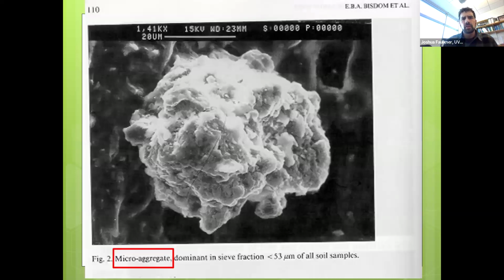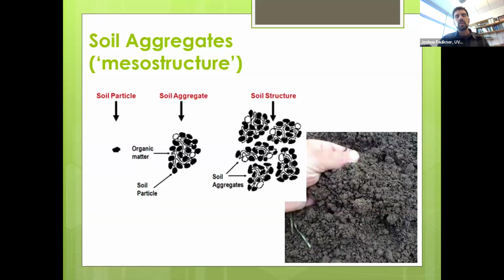And then here's an image of a micro aggregate, and so these are those sand, silt, clay particles that are bound together by organic substances into small soil crumbs, right? So this is just a micro image of one of those. And then we move on up quickly to the things we can see right in the field, which are what we would conventionally think of as soil aggregates, the mesostructure of the soil.